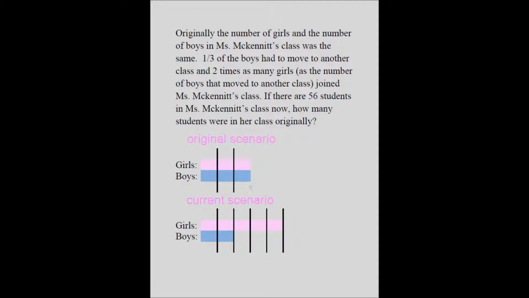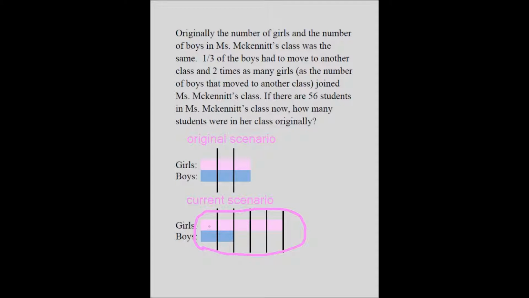As explained, this was missing, and then 2 more pink chunks were added. Now I do know one thing, that all these students, the boys and the girls, right now add up to 56 students. Now you have to understand, all these little pink and blue rectangles are the same size. They represent the same number of students.